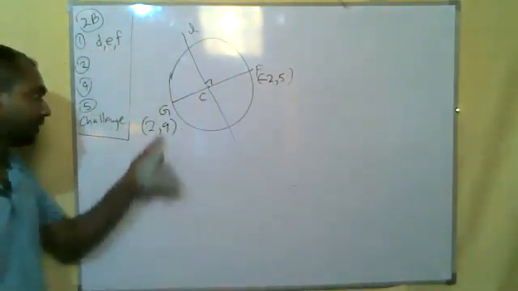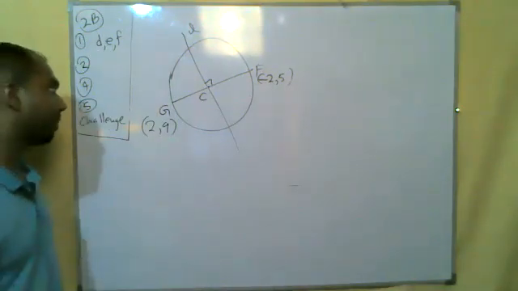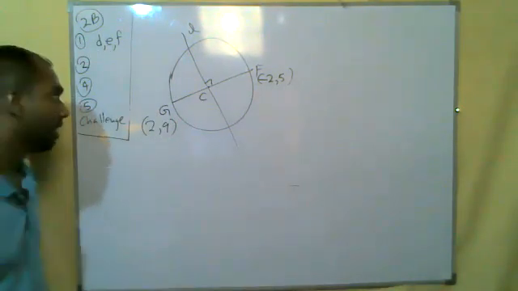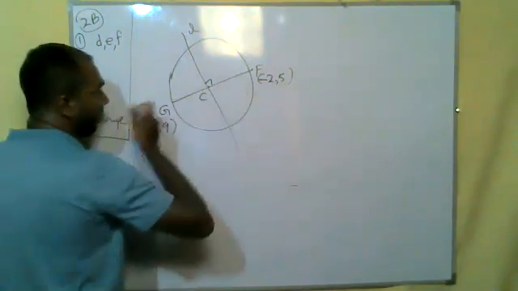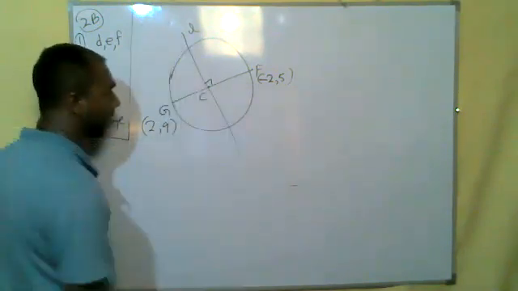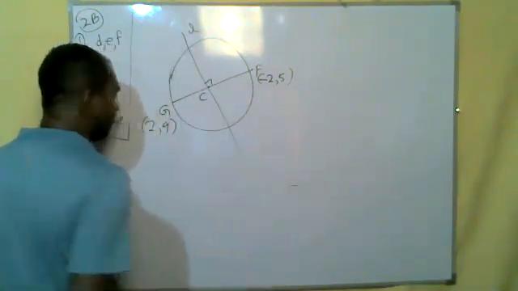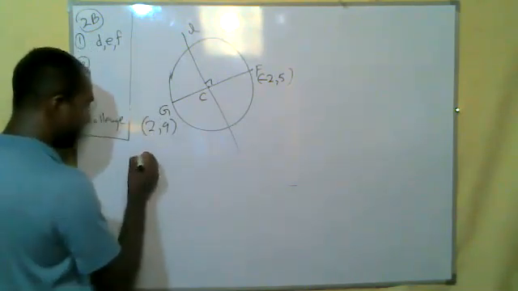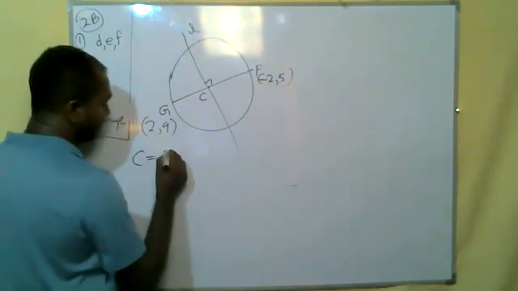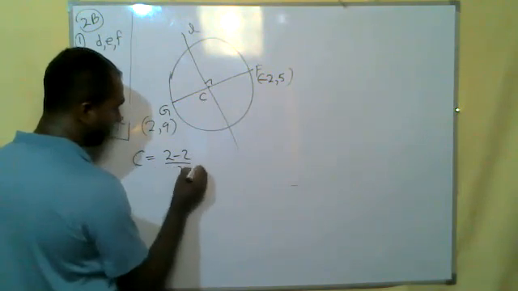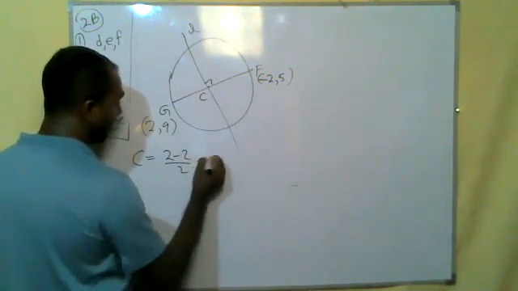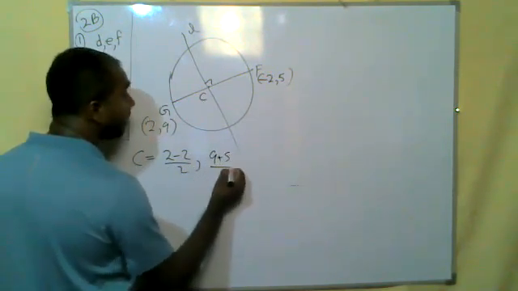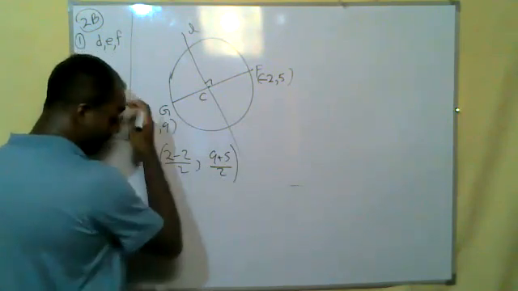How can we find the equation of the perpendicular line? It's the same procedure. We find the midpoint, we find the gradient, we get the gradient of this L and write the equation. So we can write C as (2 minus 2 divided by 2, comma 9 plus 5 divided by 2).